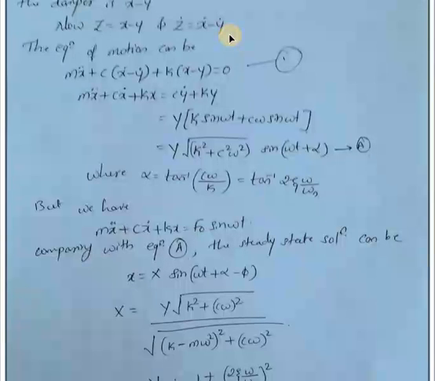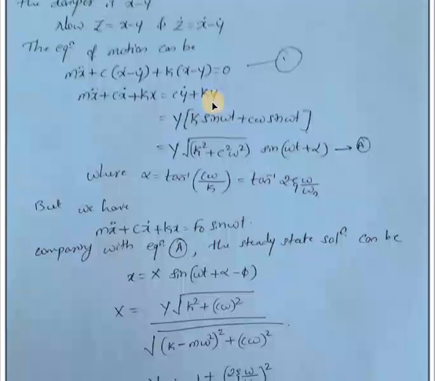So the equation of motion can be written as m x double dot plus c into x dot minus y dot plus k into x minus y equal to 0. If you simplify that, you get m x double dot plus c x dot plus k x equal to c y dot plus k y.